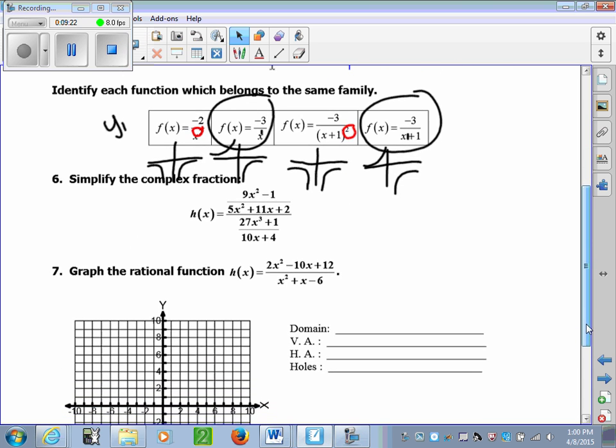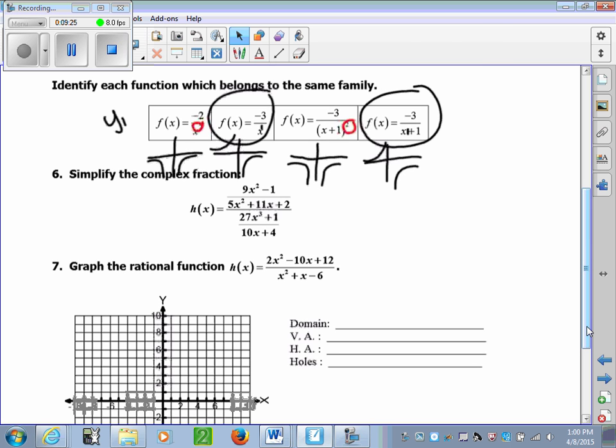Then the next one, I actually changed this one, so if you didn't get it changed on yours, go ahead and change it now.